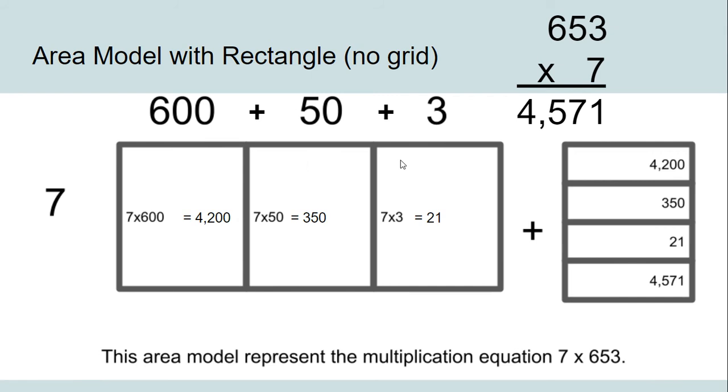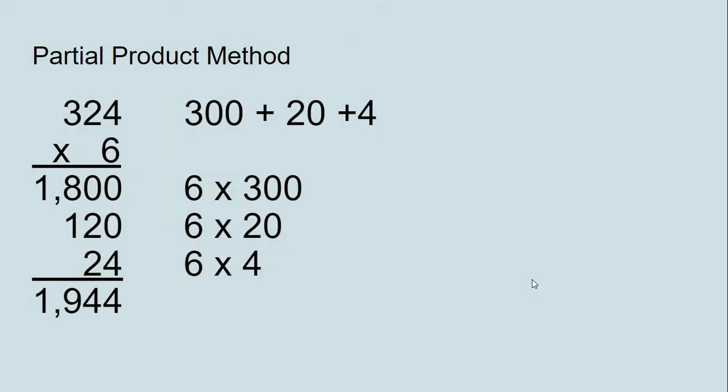So I have 3 sections in my rectangle this time, and I'll multiply each one of these sections by 7: 7 times 600, 7 times 50, 7 times 3. Those are my 3 partial products. Then I add those 3 partial products together to get my final product of 4,571.